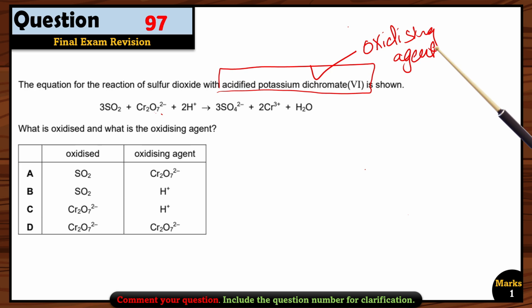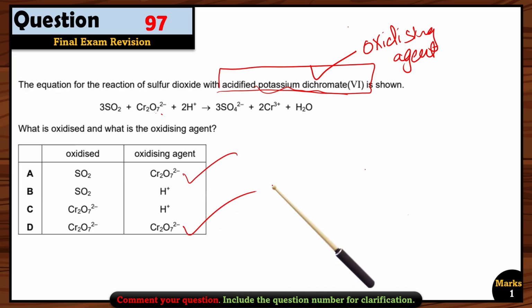So if they are asking what is oxidized and what is the oxidizing agent, your answer should be potassium dichromate, because that is the oxidizing agent. You can see potassium dichromate ions here, so option A or D can be right. Now if potassium dichromate is an oxidizing agent, it will not oxidize, it will be reduced.